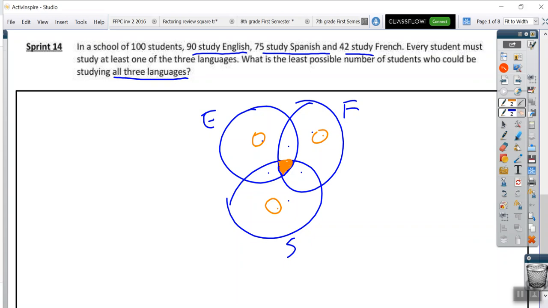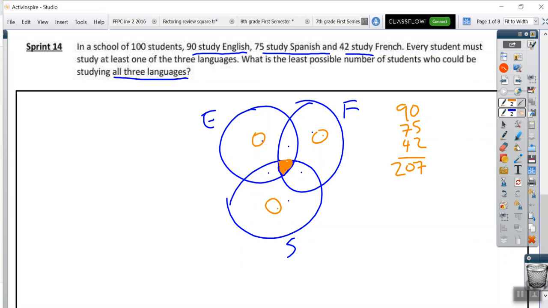So if I have 90 students taking English, and 75 taking Spanish, and 42 taking French, that's a total of 207 seats that are being occupied in language classrooms.